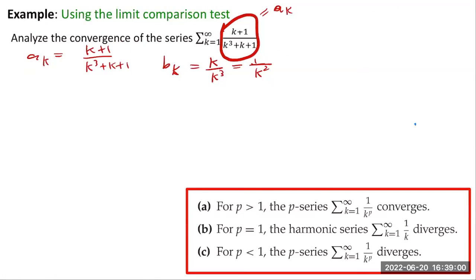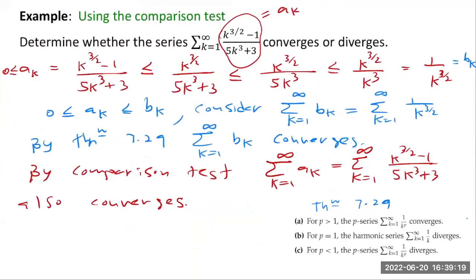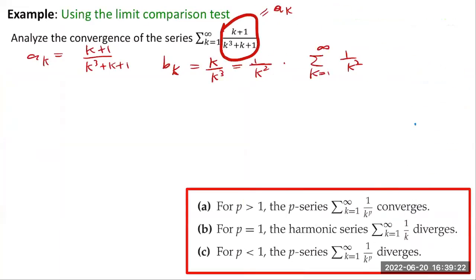Now notice that the series, sum from k equals 1 to infinity of 1 over k squared, converges, again by the same theorem that I mentioned earlier, theorem 7.29.